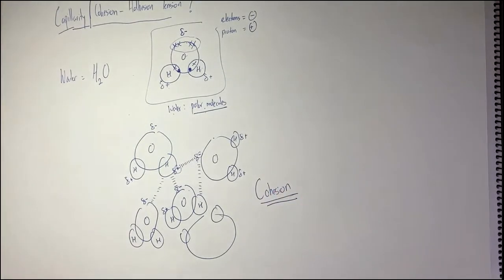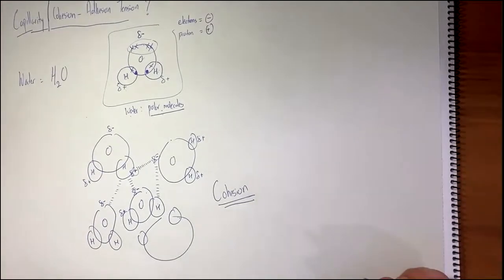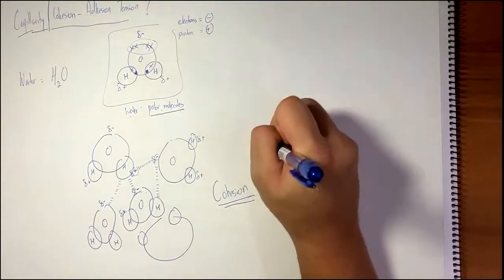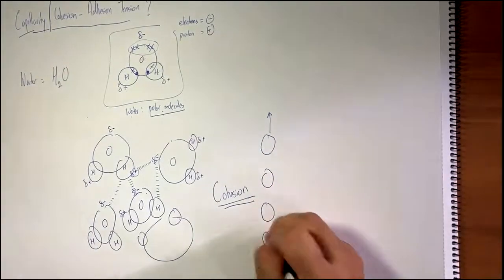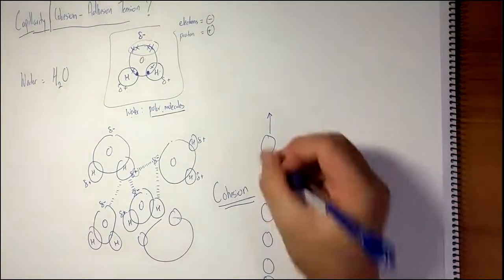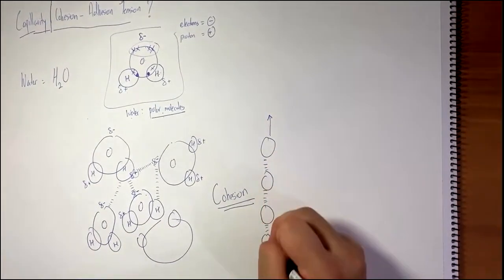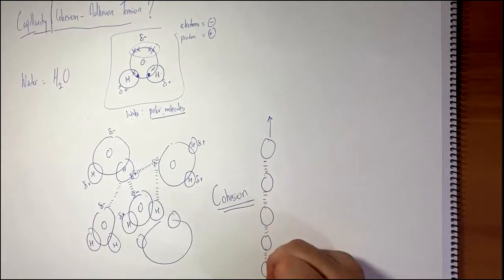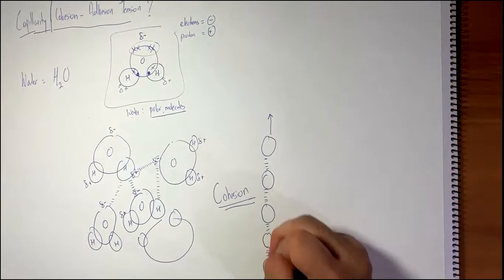All right, and how does this help with the movement of water? Well, of course, when one molecule of water goes up, then you have molecules of water, molecules of water, molecules of water. It's as if they are being pulled like beads on a string.